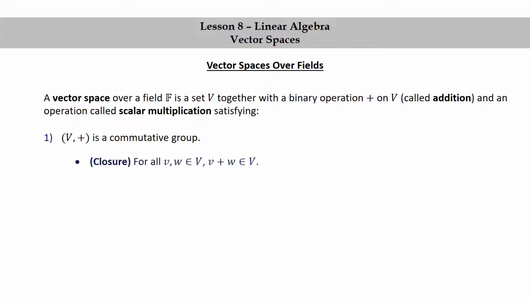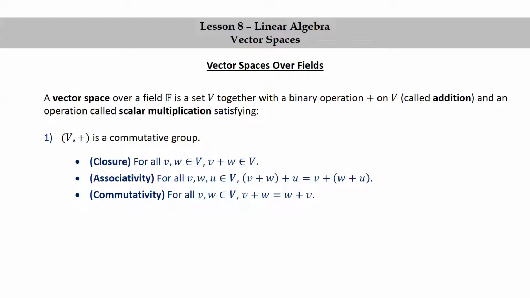Remember that this means, first of all, that we have closure: for all v, w in V, v plus w is in V. We have associativity: for all v, w, and u in V, (v plus w) plus u is equal to v plus (w plus u). We have commutativity: for all v, w in V, v plus w equals w plus v.